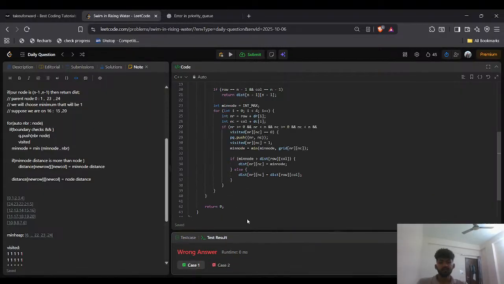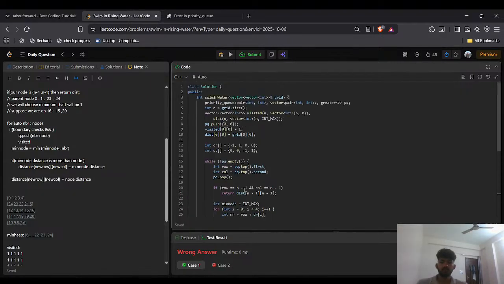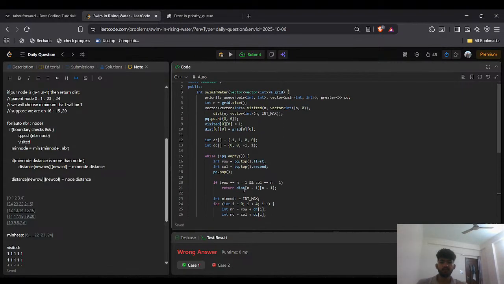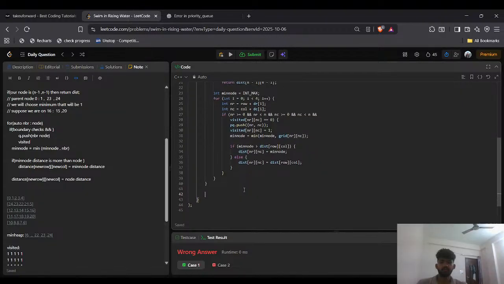Okay, let me see our distance here. We print, but we didn't have. Now let me print. For i goes to 0, i plus.